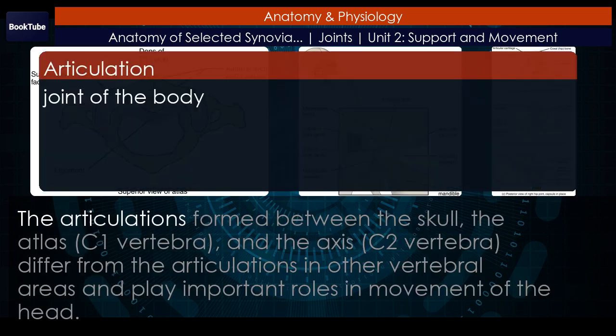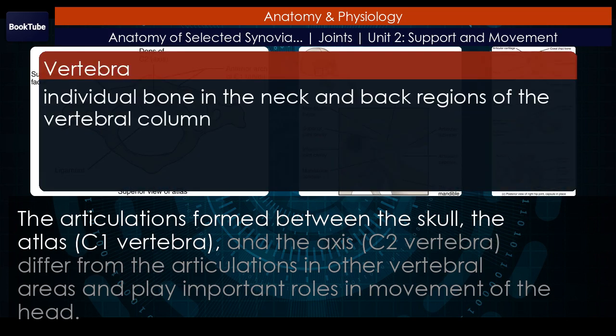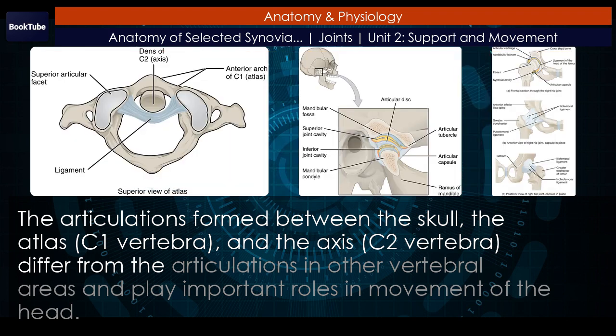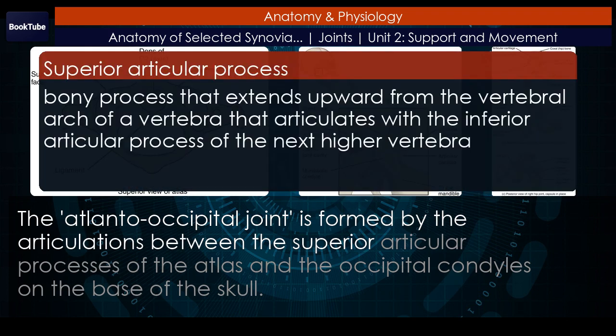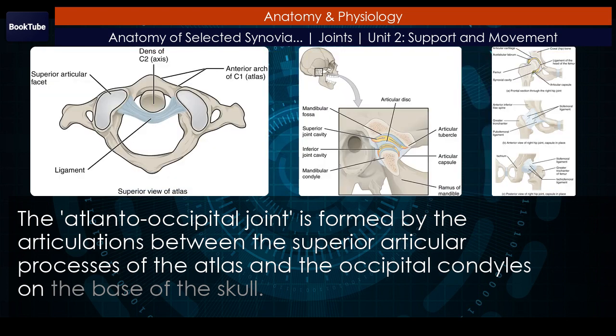The articulations formed between the skull, the atlas, C1 vertebra, and the axis, C2 vertebra, differ from the articulations in other vertebral areas and play important roles in movement of the head. The atlanto-occipital joint is formed by the articulations between the superior articular processes of the atlas and the occipital condyles on the base of the skull.